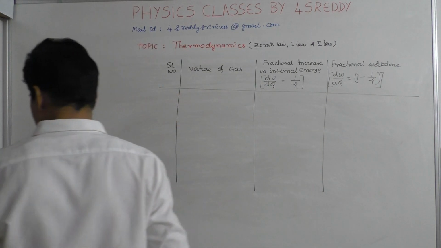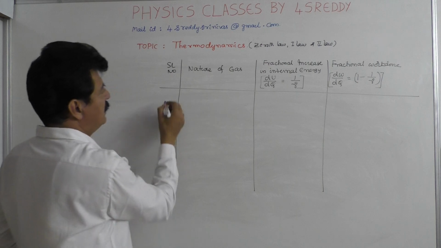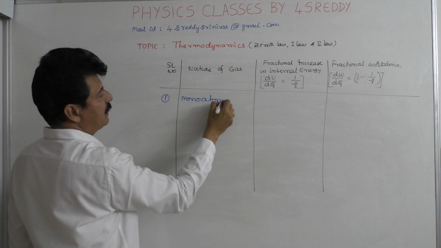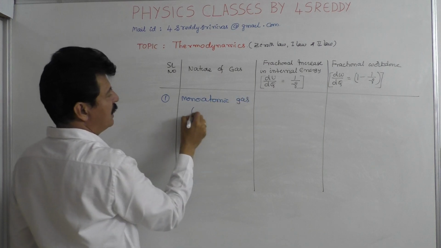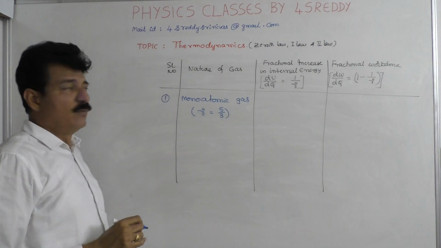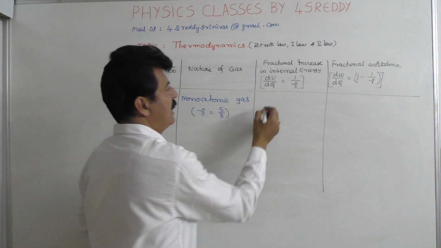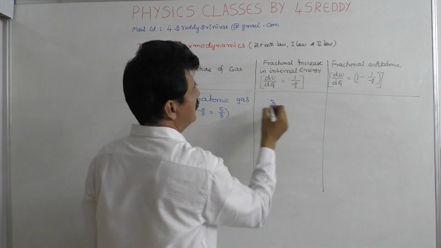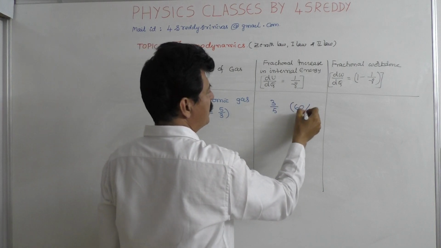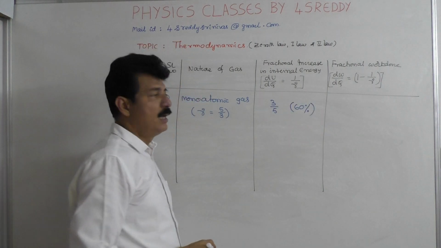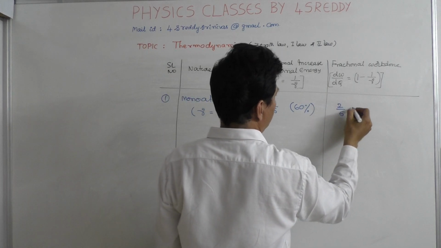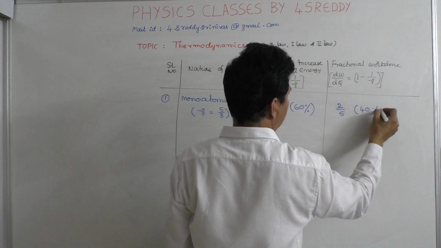If you take the monoatomic gas, we know that for monoatomic gas gamma is equals to 5 by 3. When gamma is 5 by 3, the fraction of increase in internal energy is 3 by 5. If you want this in percentage, multiply by 100, which becomes 60%. Whereas here this is 1 minus 1 by gamma, this is 2 by 5, which is equals to 40%.